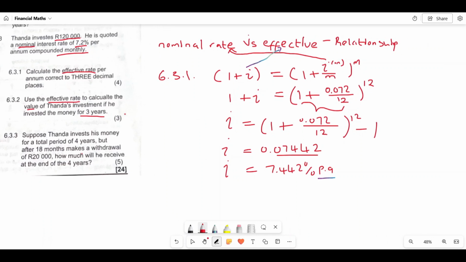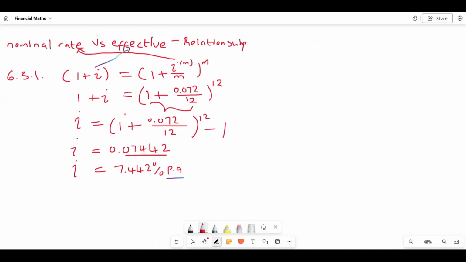So for 6.3.2, the formula, someone guessed it, is A equal to P, open bracket, 1 plus i, raised to the power n, because we are using the compound formula.